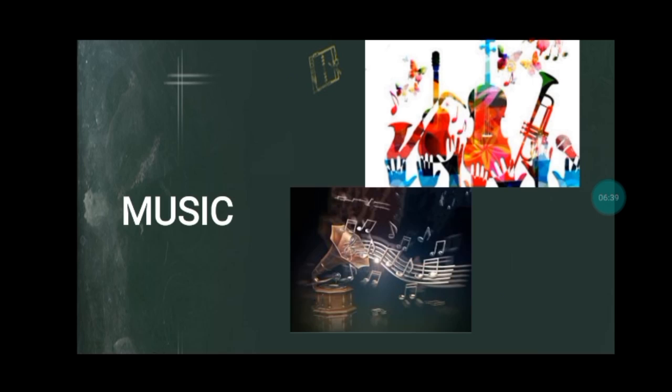So the last is music. Music is art concerned with combining vocal or instrumental sounds for beauty of form or emotional expression, usually according to cultural standards of rhythm, melody, and in most Western music, harmony.